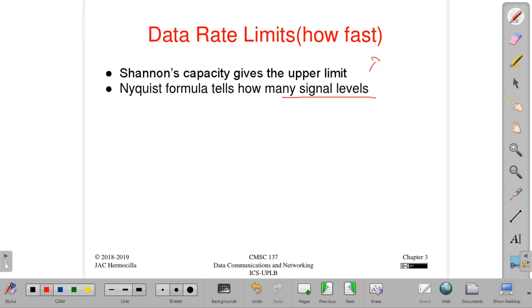For example, you might be asked, given a bandwidth and an SNR for a channel, what are the appropriate bitrate and signal levels? That's an interesting problem.